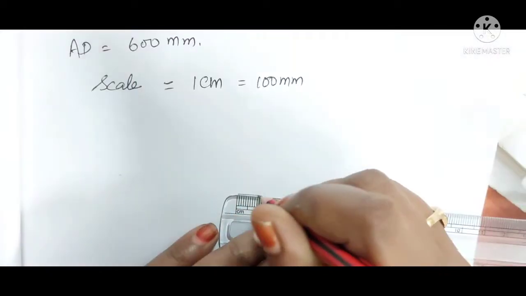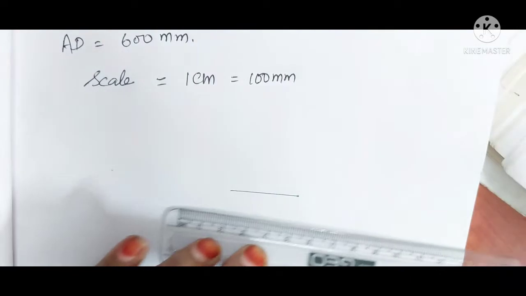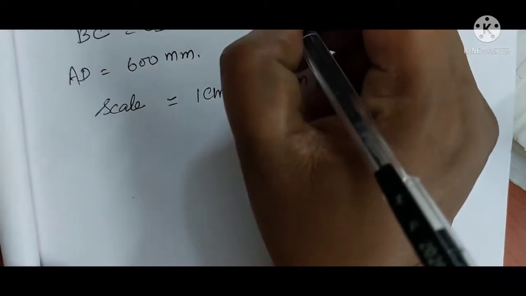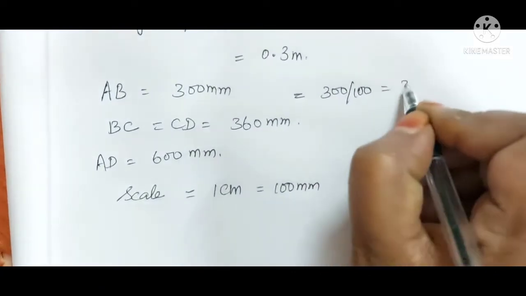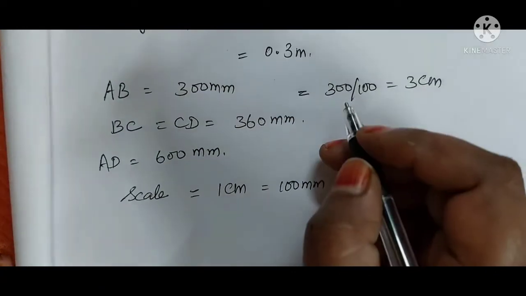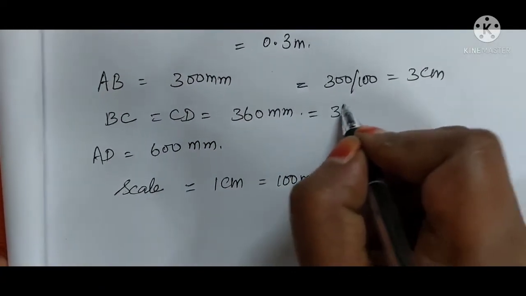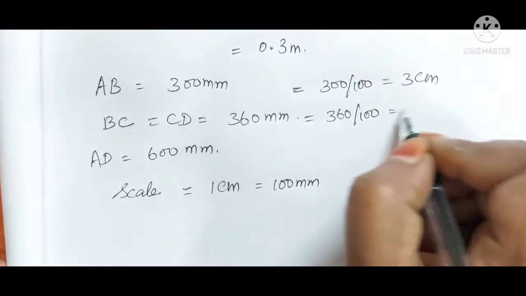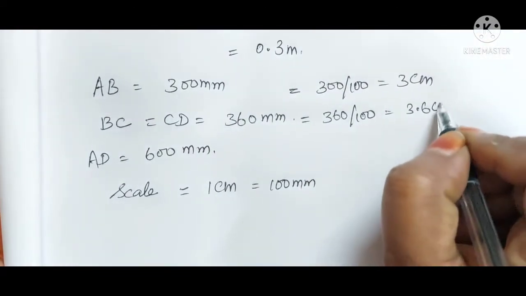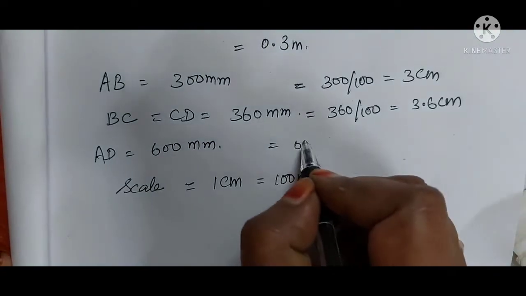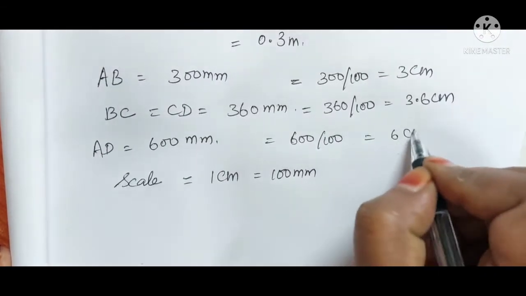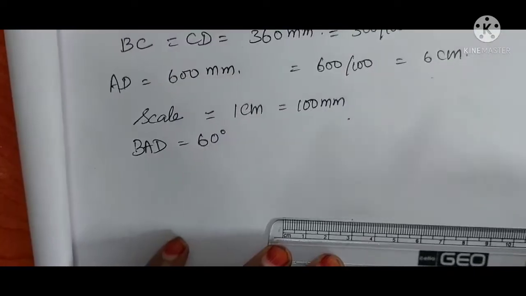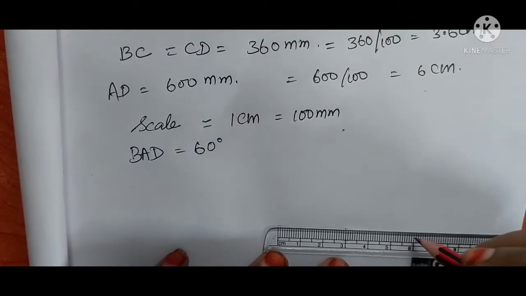Converting everything into centimeters based on the scale: 300 by 100 equal to 3 centimeters, then 360 by 100 equal to 3.6 centimeters, then 600 by 100 equal to 6 centimeters. So 600 mm means 6 centimeters.